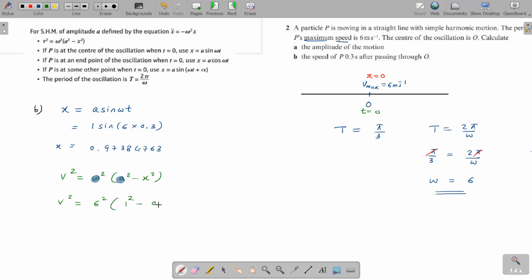So 6 squared, a squared, amplitude is 1, right? 1 squared minus 0.97384763 squared. Let's get the answer: 6 squared into 1 squared minus 0.97384763, and you can give the answer squared in the calculator.